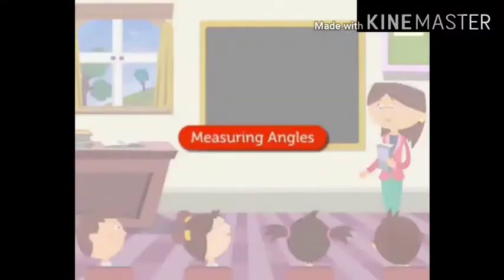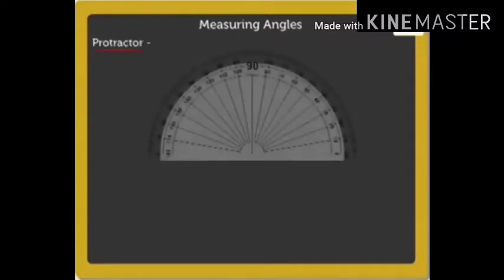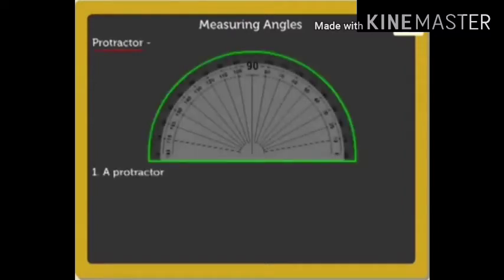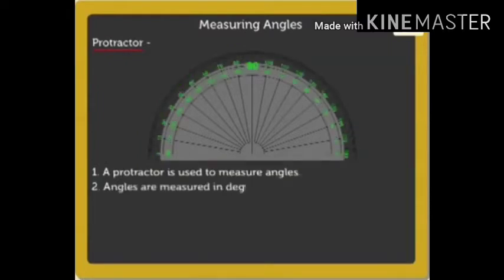Now let us see how to measure angles. Measuring angles. Let us begin by learning about the geometry instrument, the protractor. A protractor is used to measure angles. Angles are measured in degrees.